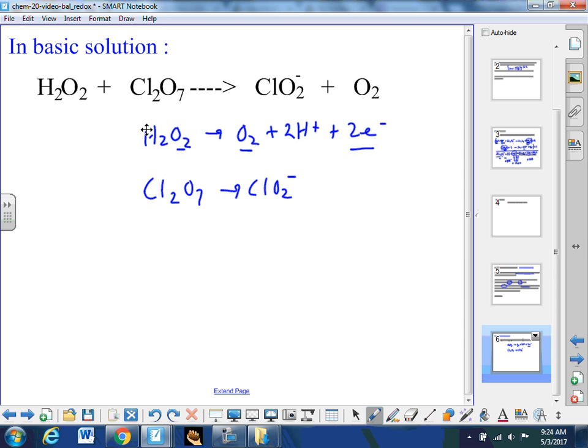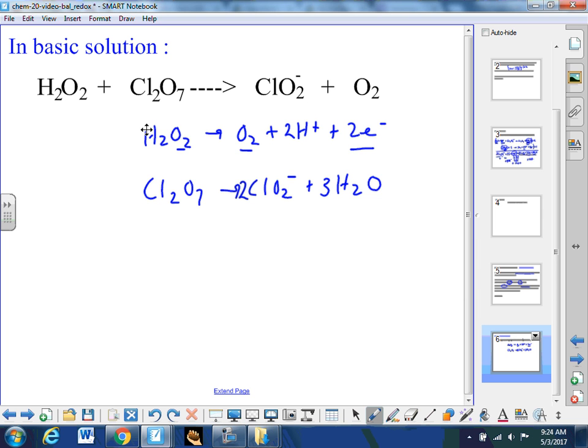For the other one, here we have 2 chlorines, so I need to multiply this by 2 to equalize the number of chlorines. And here we have 7 oxygens, only 2 here, so I'm going to add 4 here, because 2 times 2 gives me 4, so I add 3 water molecules to this side. So now I've got 7 oxygens on both sides.